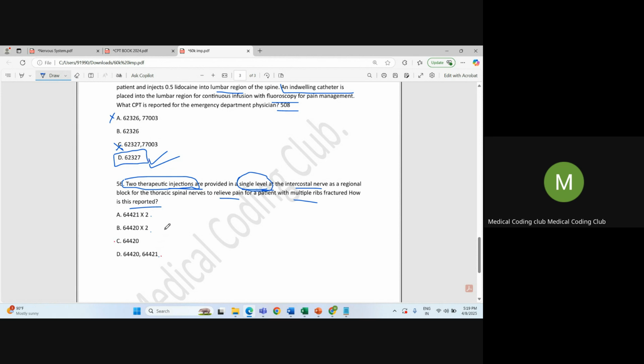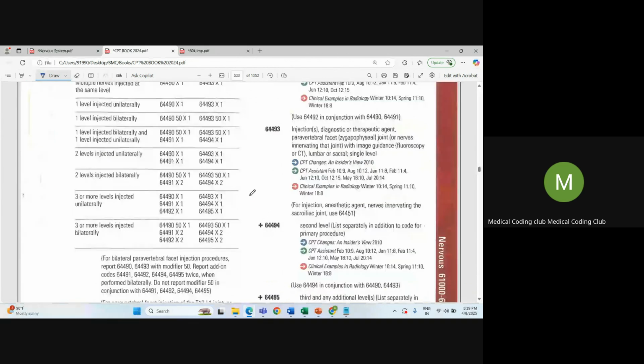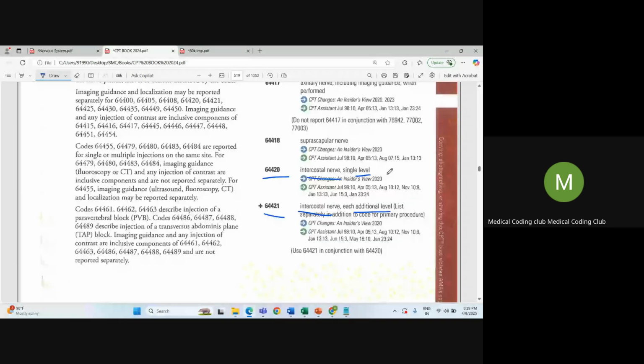So let's see the options. 64420 says intercostal nerve single level, 64421 says intercostal nerve each additional level.